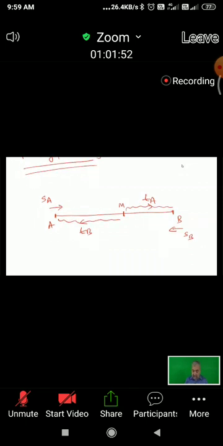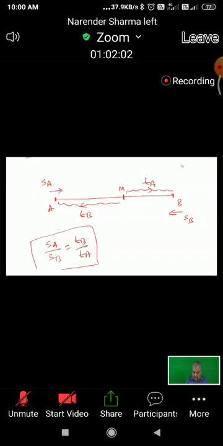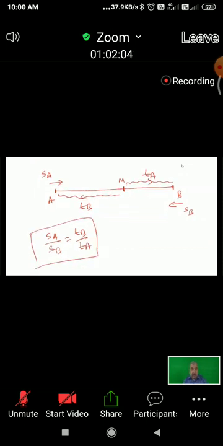Now there is a relation. The relation is SA by SB equal to TB by TA. Please write this. I am just explaining why this relation. So the ratio of speed equals the inverse ratio of time after meeting or after crossing each other.